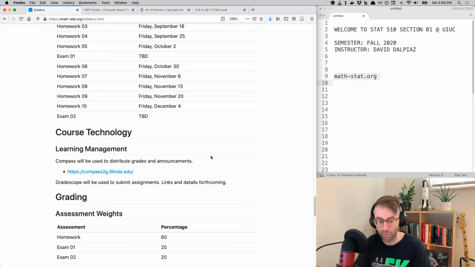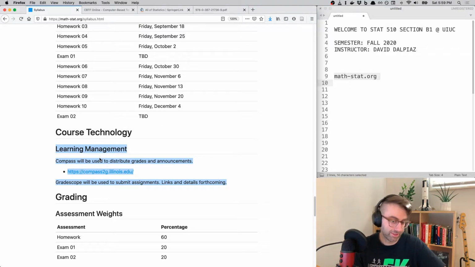It's honestly more for my convenience than yours. But you won't need to go there very often. Like, honestly, you could not go to Compass the whole semester and you'd be fine. But it will exist, so you need to know about it. I suppose somewhere in here I should have mentioned Gradescope under technology. I should update the syllabus, but that's fine.